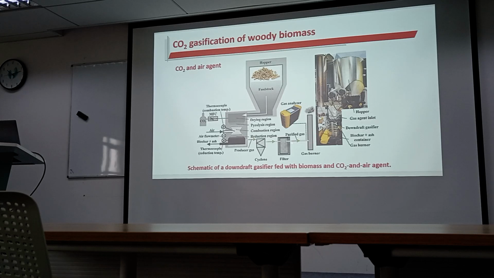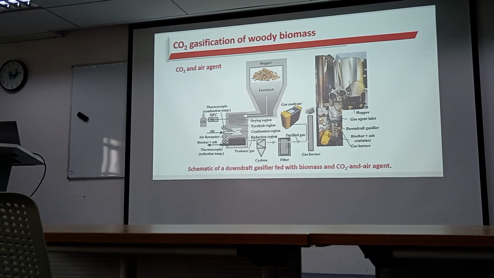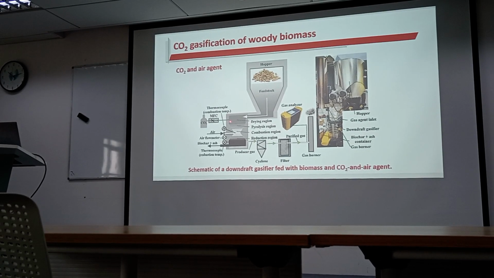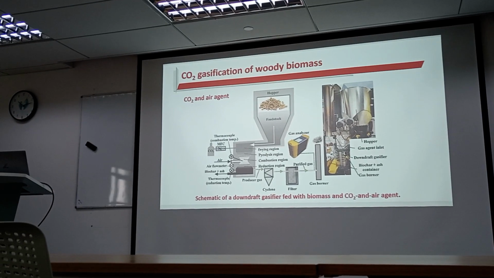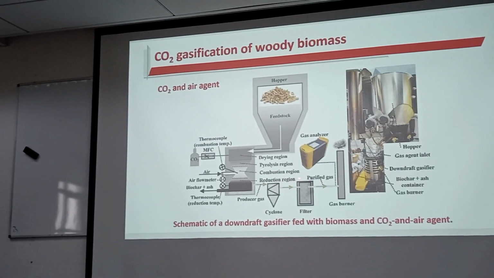After that, it will go into the gas burner. This part is connected with an engine generator to generate electricity and heat. From this point, we can see that we have a gas analyzer. The function of a gas analyzer is to analyze the gas composition during the gasification process.